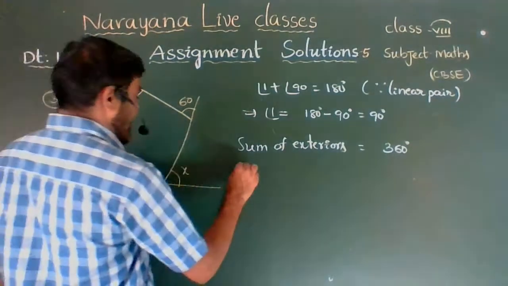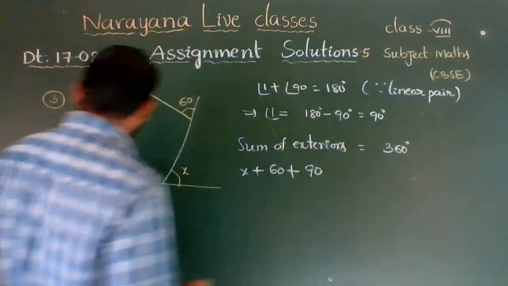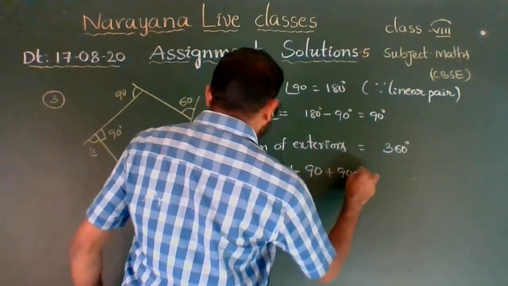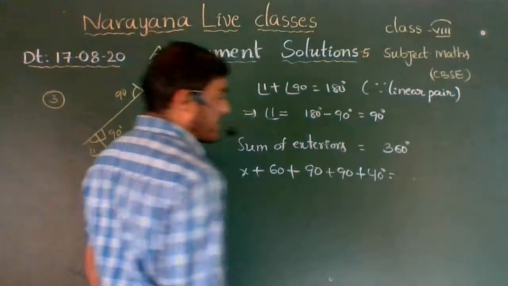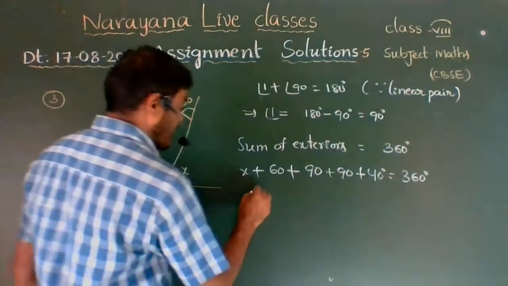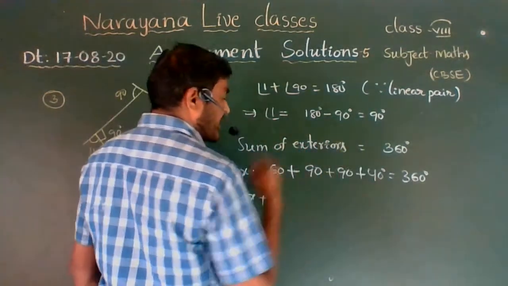Coming to x plus 60 plus 90 plus angle 1, which we already found is 90, plus this 40. These are the 5 exterior angles, and the sum of these angles is 360. Now x plus 90 plus 90 is 180, 60 plus 40 is 100.